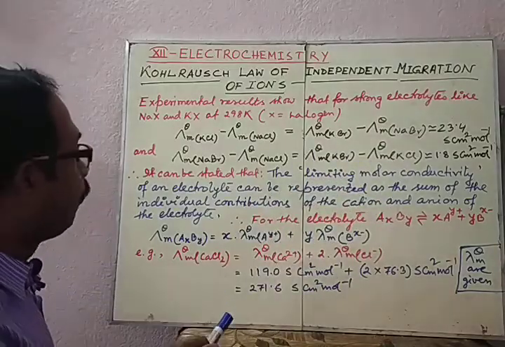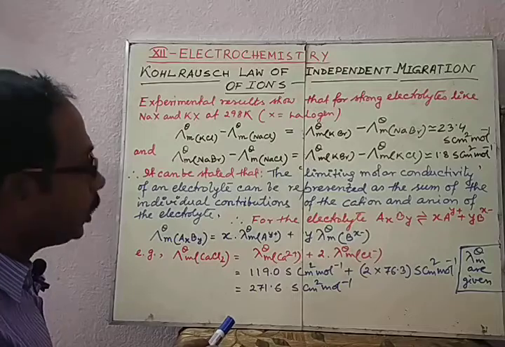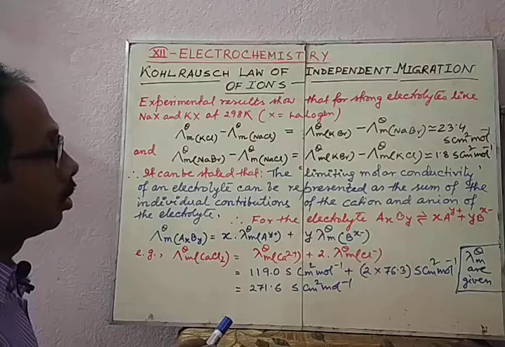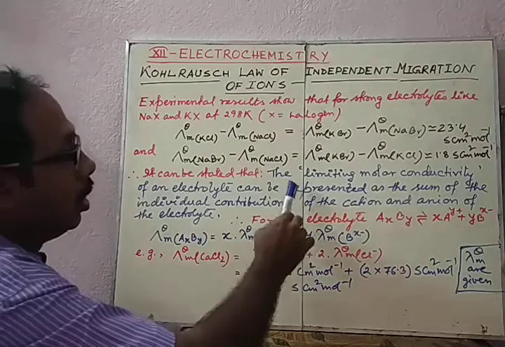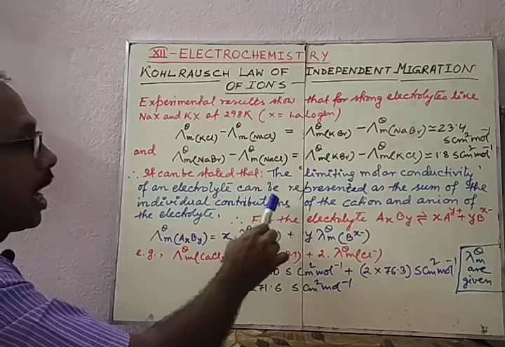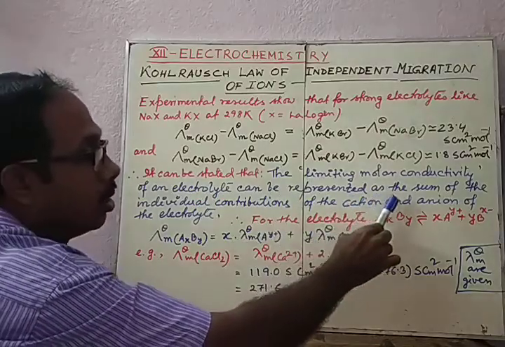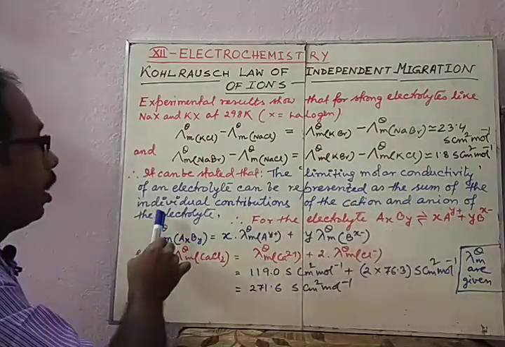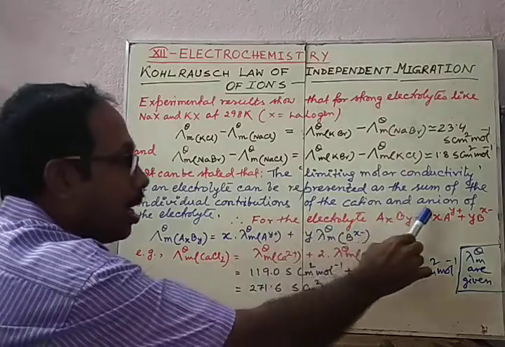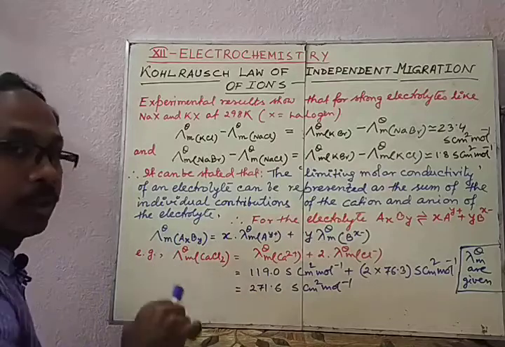So therefrom it was identified, or it is defined, that the limiting molar conductivity of an electrolyte can be represented as the sum of the individual contributions of the cation and anion of the electrolyte.